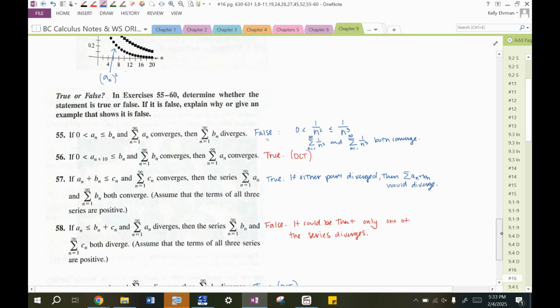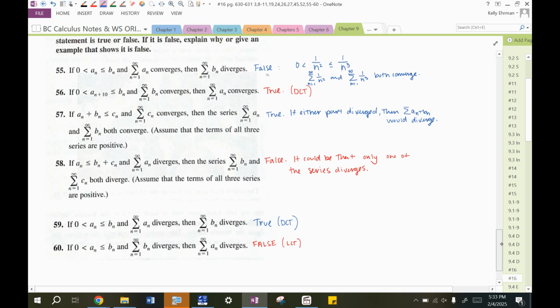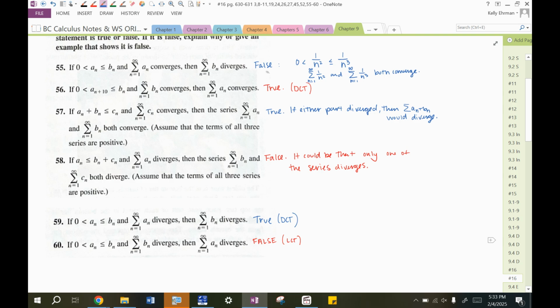True or false? I did not erase my answers for these, so let's just take a look at these. So if sequence A is less than sequence B, and they're both positive, and if sequence A converges, then sequence B diverges. That doesn't have to be true. It might be true, but I came up with a counterexample. What if they're both P series?